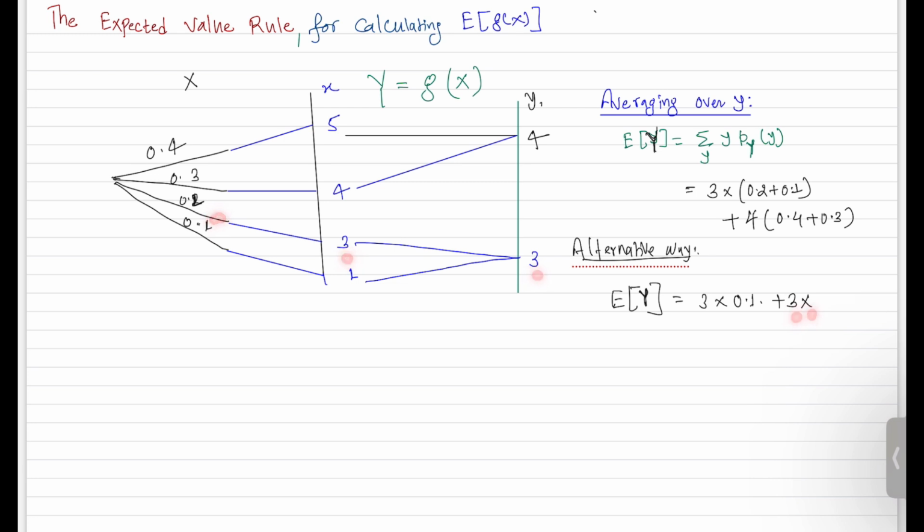So 3 with the probability 0.2. And what other value can x take? The other value that x can take is 4. So 30% of the time x is 4, and when x is 4, then y is 4.